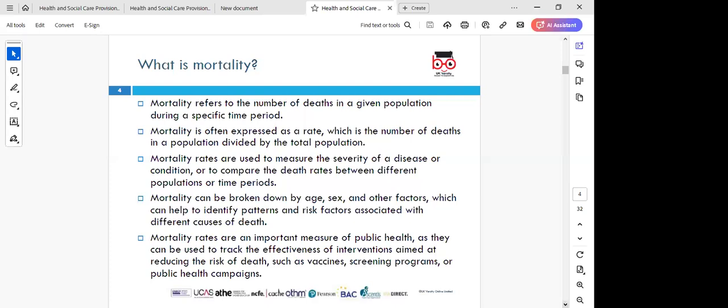Mortality rates are used to measure the severity of a disease, or to compare the death rates between different populations or time periods. Mortality can be broken down by age, sex, and other factors, which can help to identify patterns and risk factors associated with different causes of death.